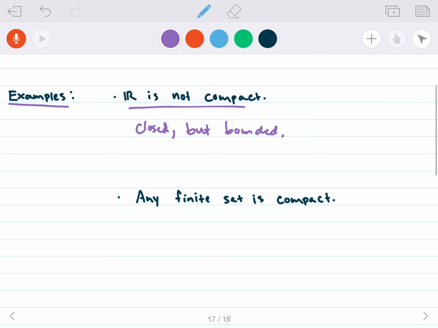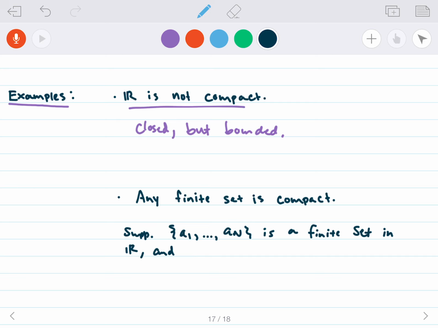Any finite set is compact. I think I made a comment about this earlier, but let's prove it. So suppose we have a finite set in R, and suppose that we've ordered the set just how you would think: a1 is less than a2, and so on, less than a_n.